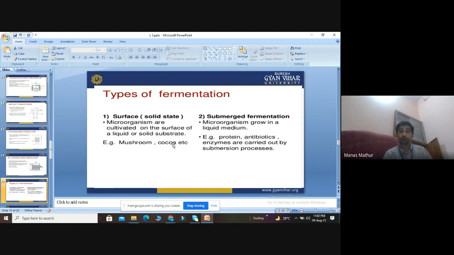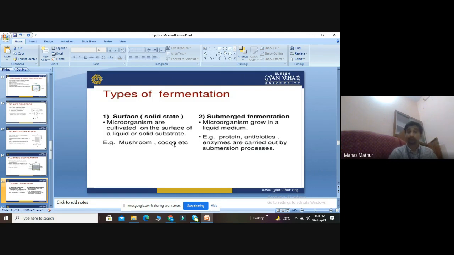Here microbes are cultivated on the surface of a liquid or solid substrate, like mushroom, cocoa. In submerged fermentation, microbes are grown only in the liquid medium. Submerged means totally dipped inside the liquid solution, and surface means on the top of the surface.